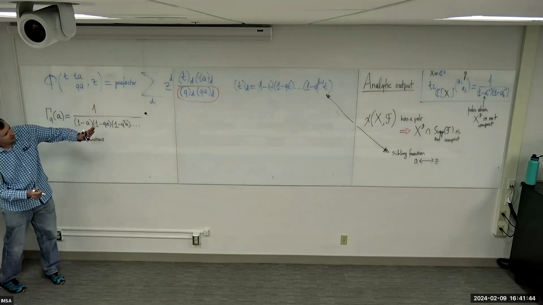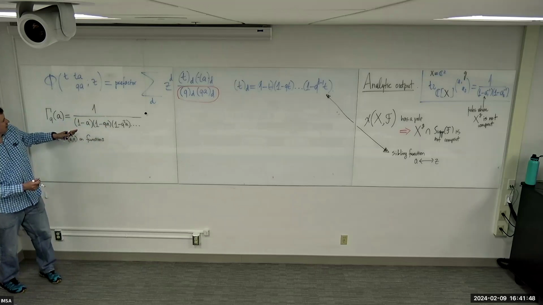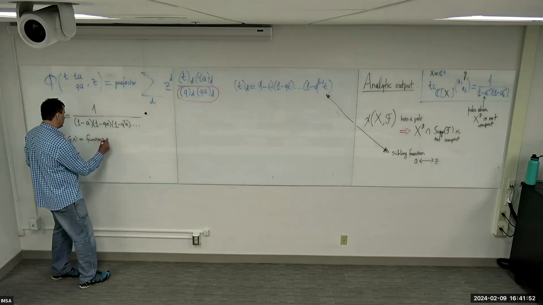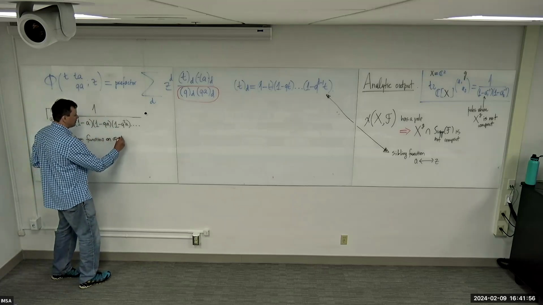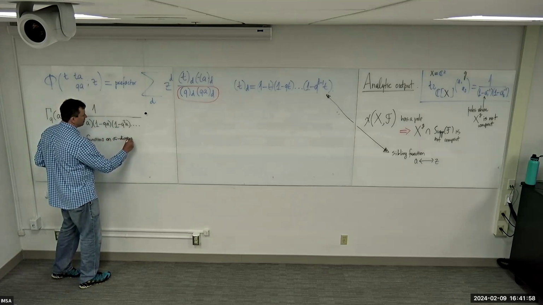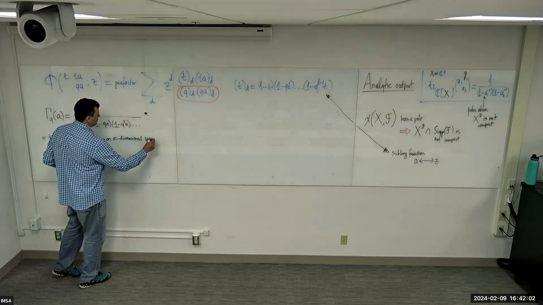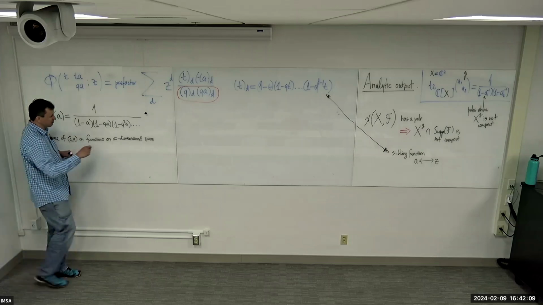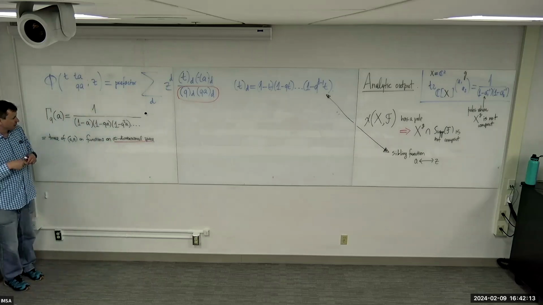If I had two terms there, this means I have a two-dimensional space. So we have infinitely many terms: functions on an infinite dimensional space. What do we know about this infinite dimensional space?